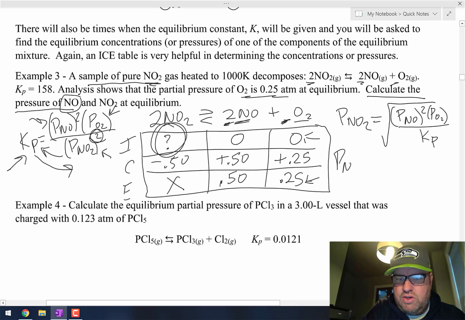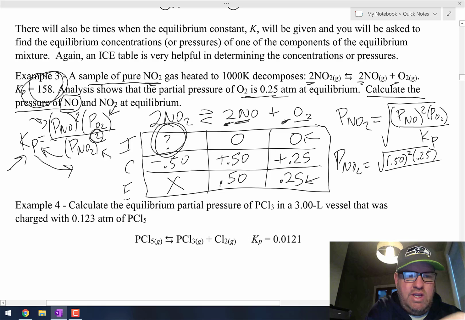So the pressure of NO2 is equal to the square root. The pressure of NO, we said, is 0.50 squared. Don't forget to square it. Pressure of O2 is 0.25. And Kp, it tells us, is 158. Sorry, that square root should come all the way down here.